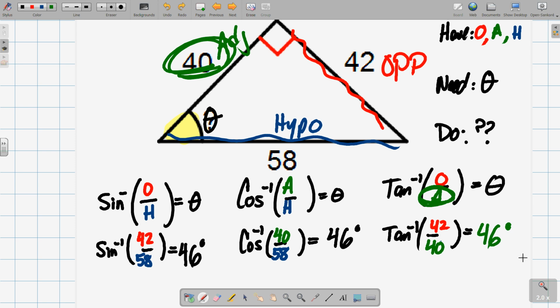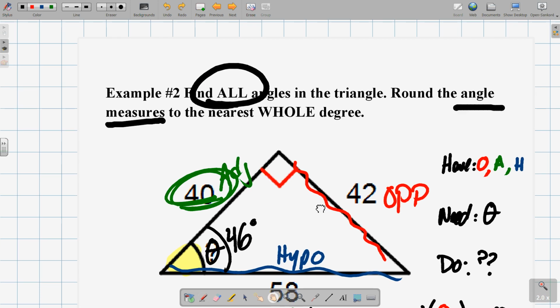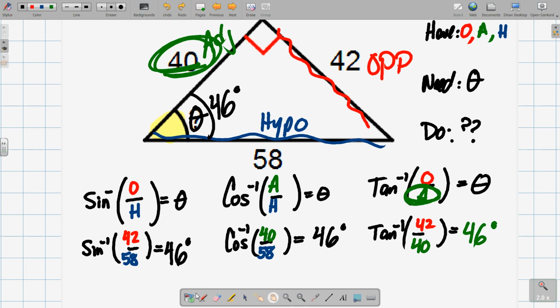Those of you using the large screen calculators, you know that you're hitting the second function, then sine, cosine, or tangent, then your division numbers. Make sure you're getting 46 degrees here, whichever version you're using. Now, what most people do is they stop right there, 46 degrees, but notice it said all the angles.